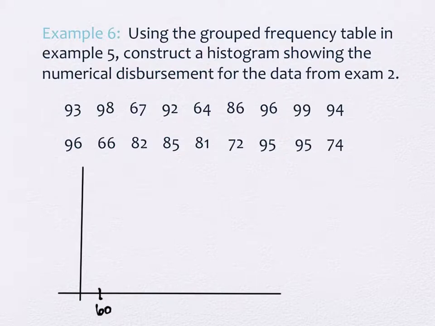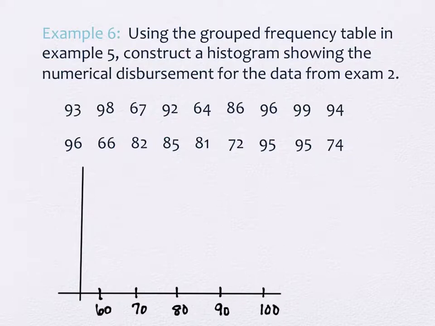So here's 60 to 70 to 80, to 90 to 100 or 99. Because I've marked tens off, it makes sense visually for this to be in tens. The widths need to look realistically the same.